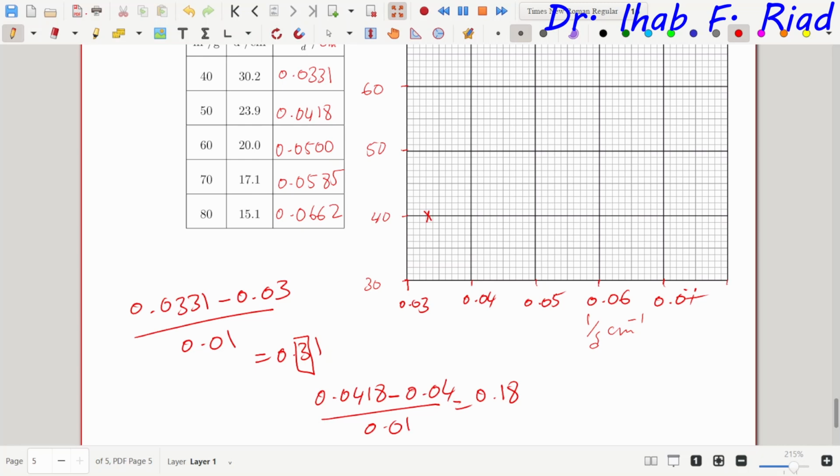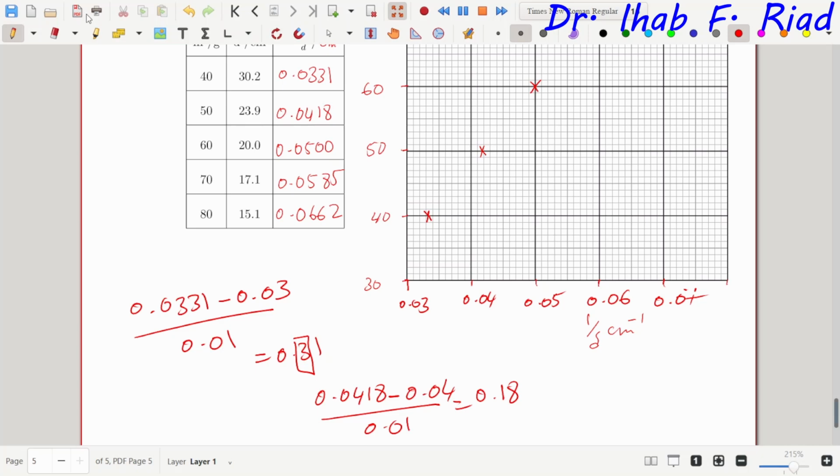Okay, so it is 50 around here, and we are at 0.18, almost 2 small squares. We are around here. Around here. Okay. 0.0500. This is easy. It is around here.